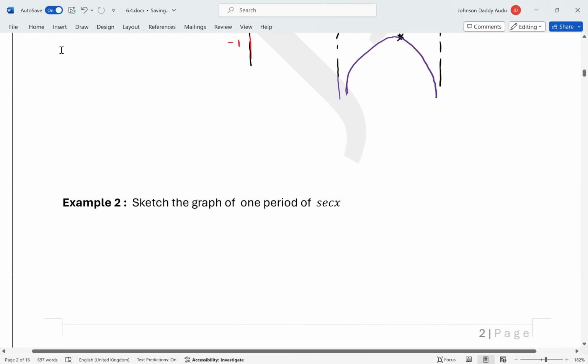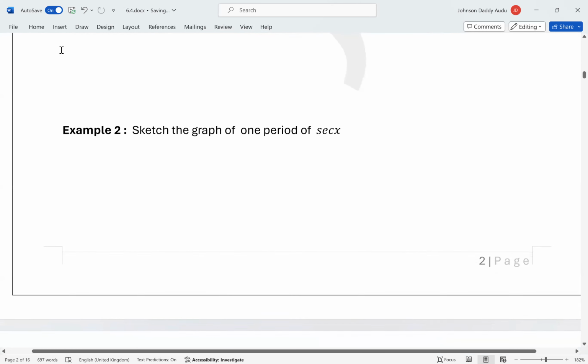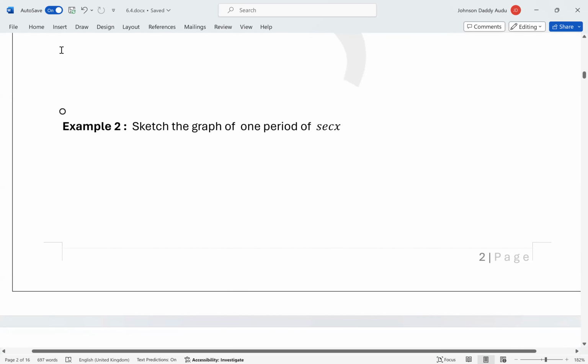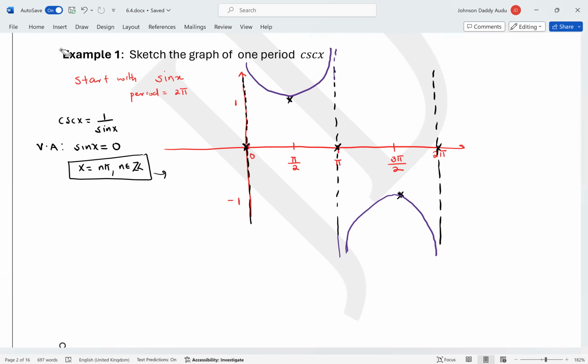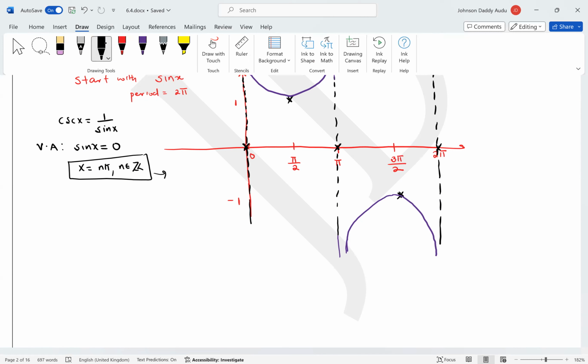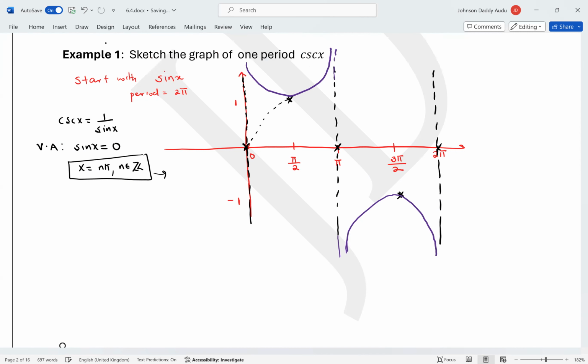Then for number 2, let me just leave this one, but let me use dotted lines.